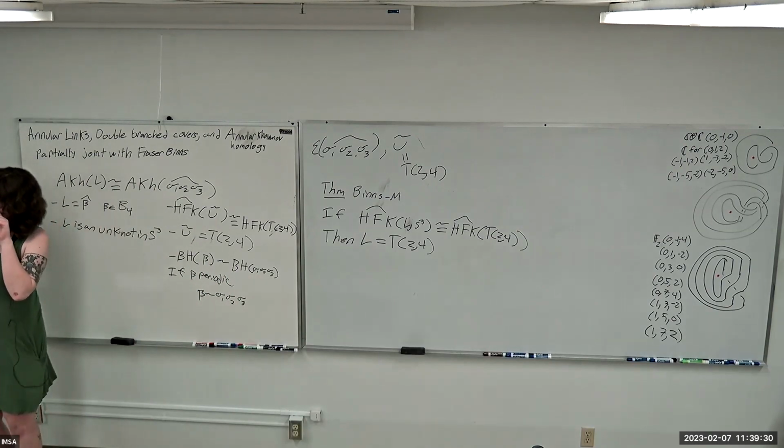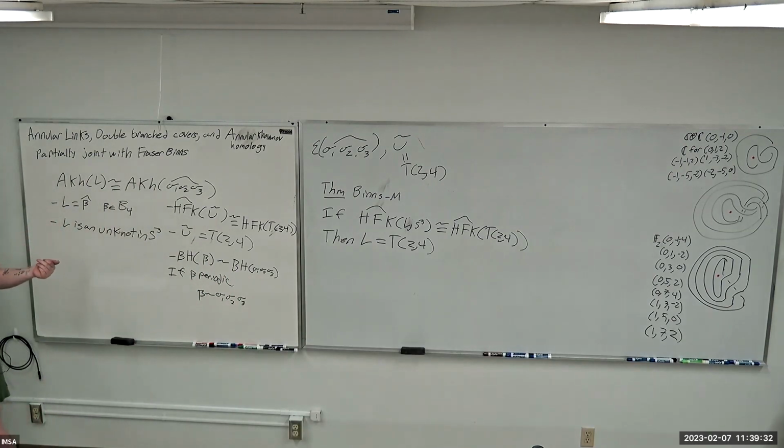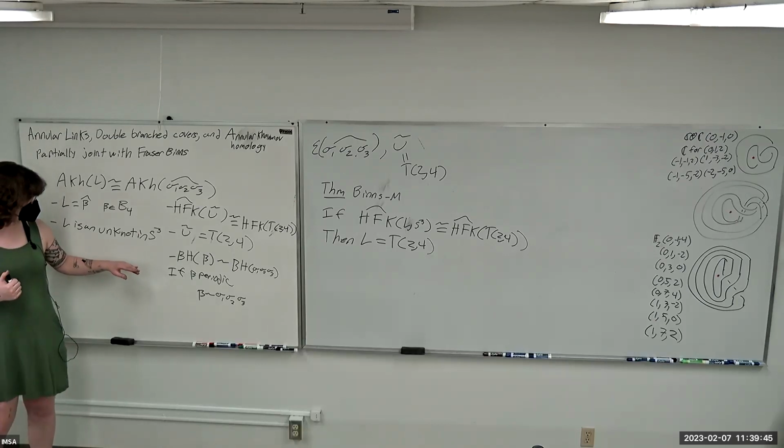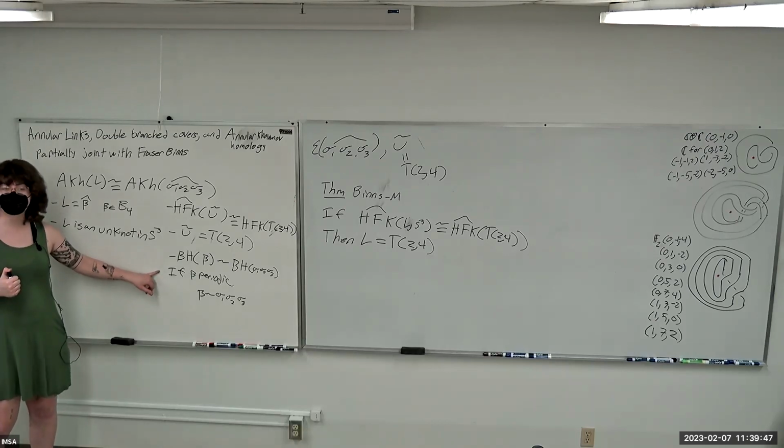And our proof uses the fractional Dehn twist coefficient along with the fact that braids have unique nth roots if they exist, or kth roots if they exist.